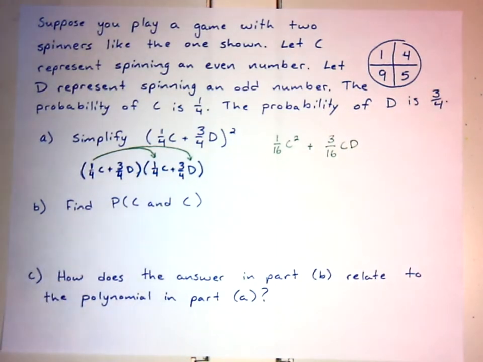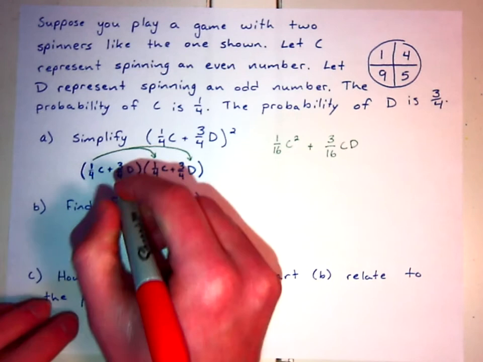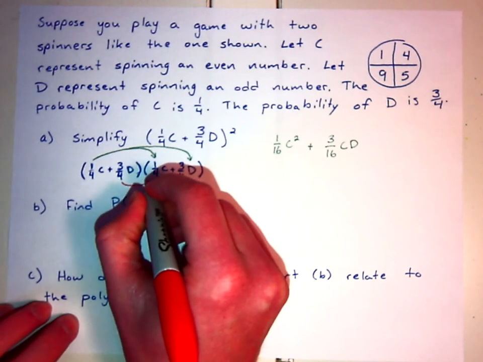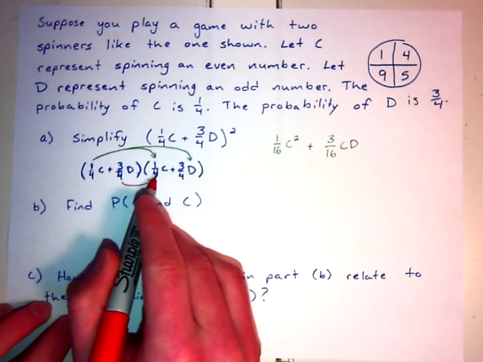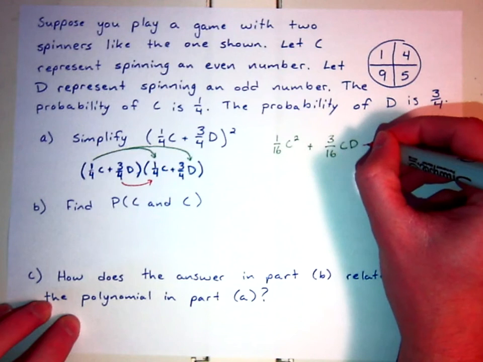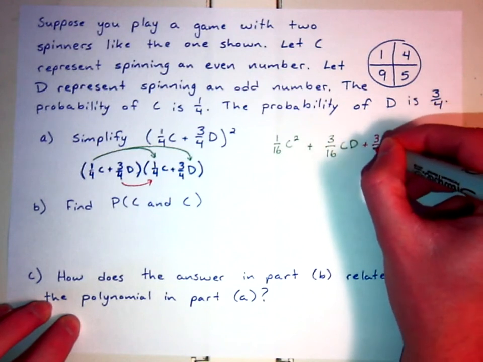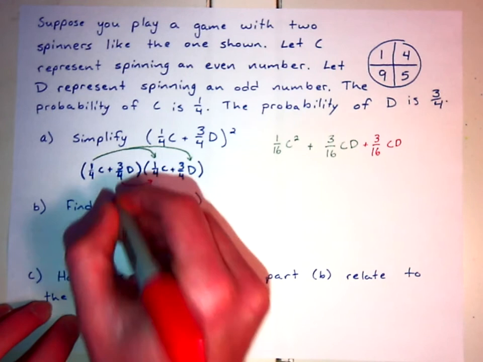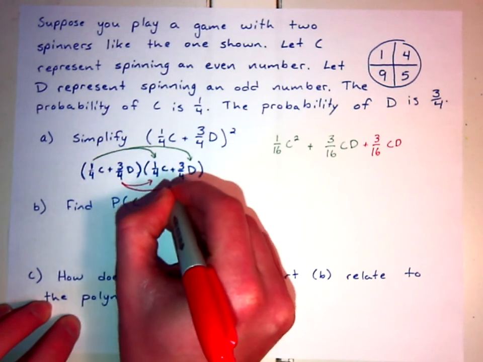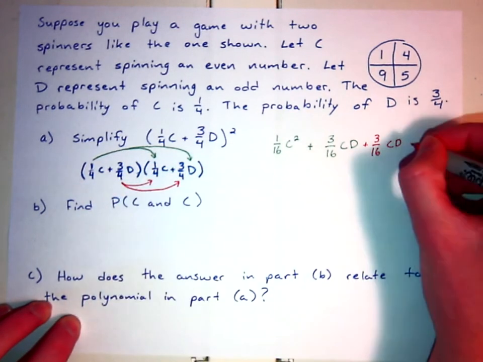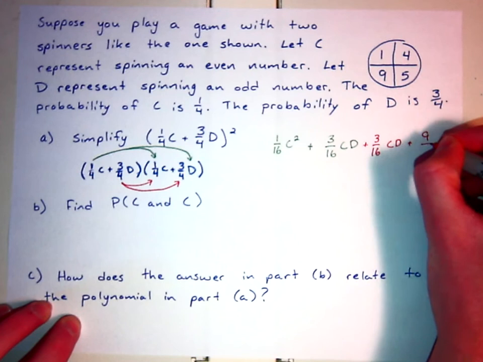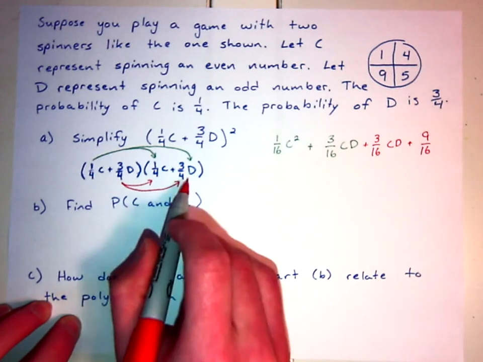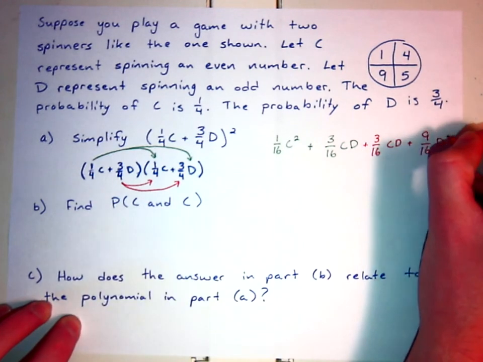Then we take the inner ones: 3/4 times 1/4 is the same as over here, and that's going to be CD also. Then we take the last values, and we get 9/16, and it has D and D, so it's going to be D squared.